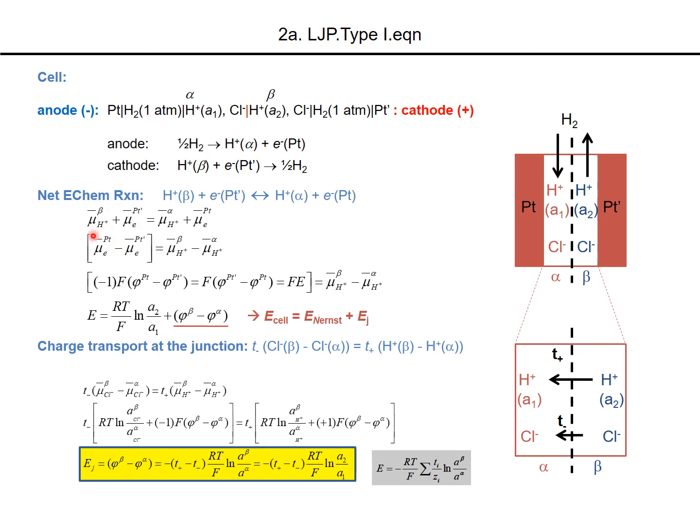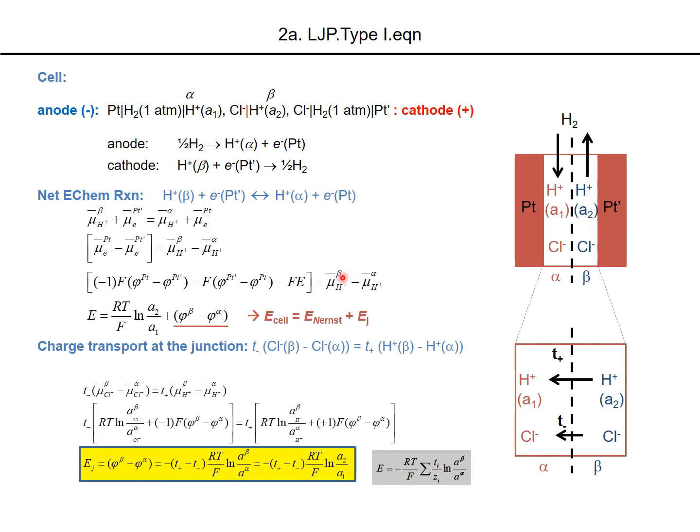Then this difference of electrochemical potential of electron between Pt prime and Pt is the cell potential with the Faraday constant. It is equal to the electrochemical potential difference of proton between the beta phase minus the alpha phase.